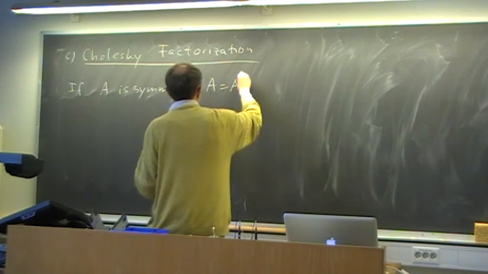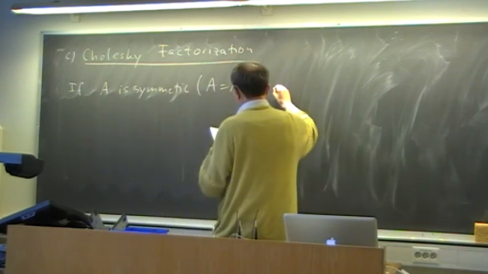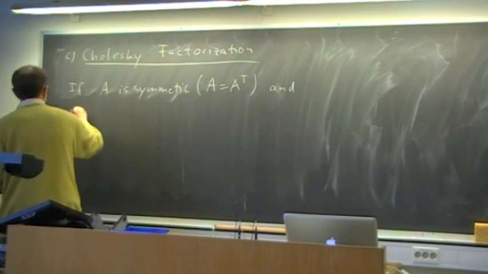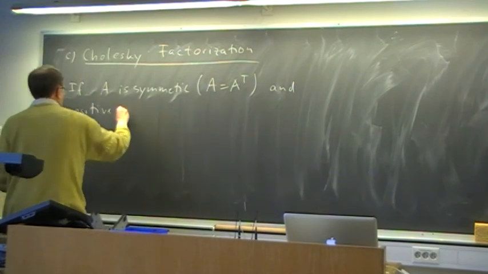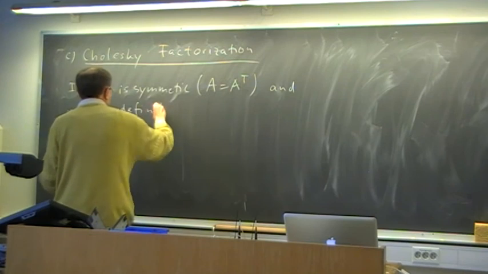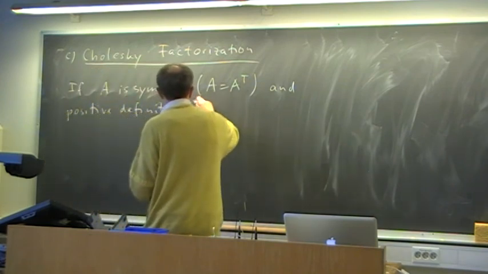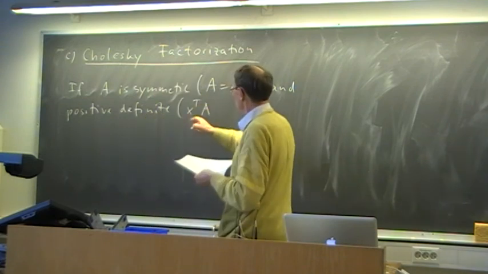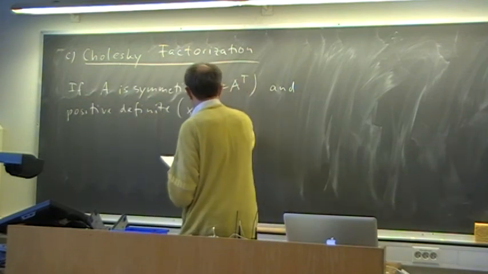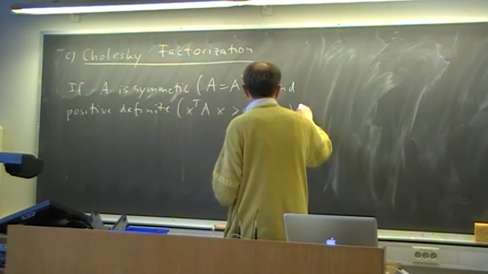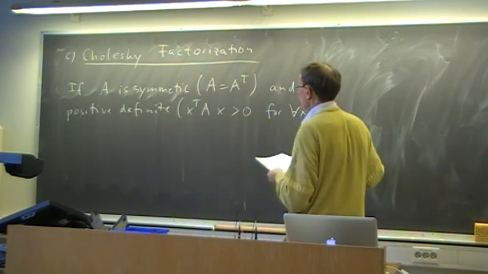A is equal to A transposed, and we need that the matrix is positive definite. So, that was giving us, when we do a multiplication of a vector X transposed times the matrix A, that gives us something positive for all vectors X that are not zero.